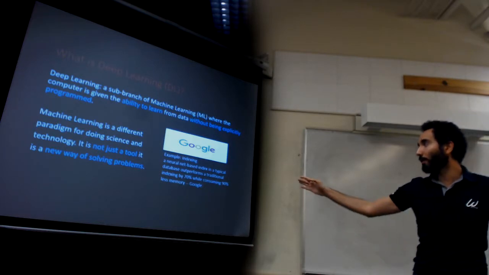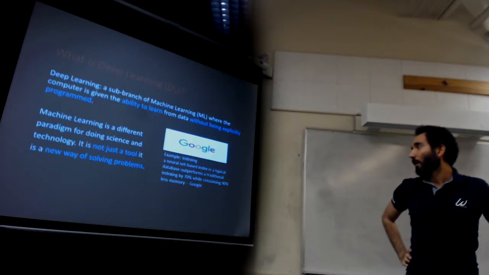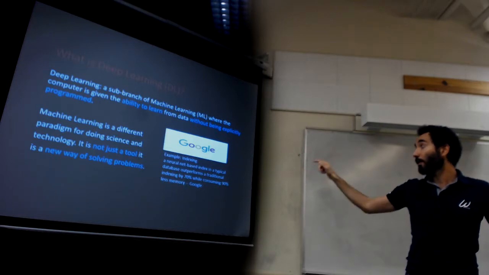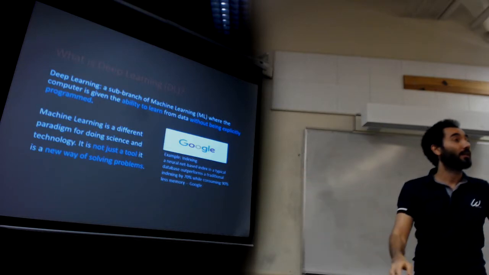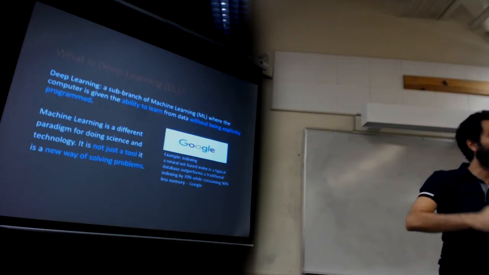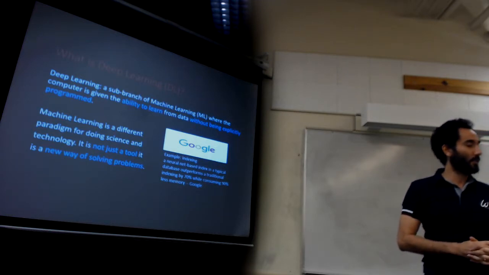And they were showing that by using a neural net-based indexing, they can outperform the standard methods by 70% while consuming 90% less memory. So it's more powerful and less hungry for energy and memory and computation. So it's great.